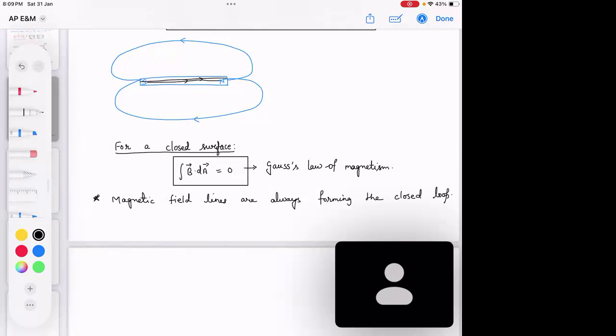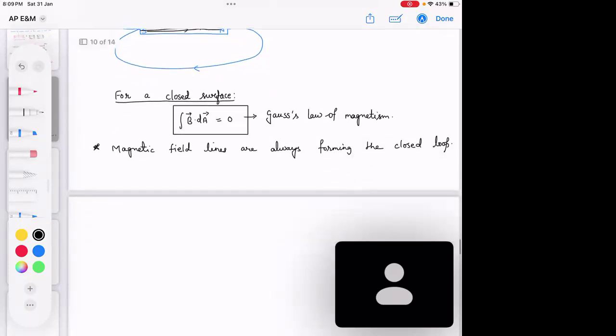Electrostatic field lines never form a closed loop, but magnetic field lines due to any bar magnet will always form a closed loop. Do you understand this magnetic field line thing? Please tell me.